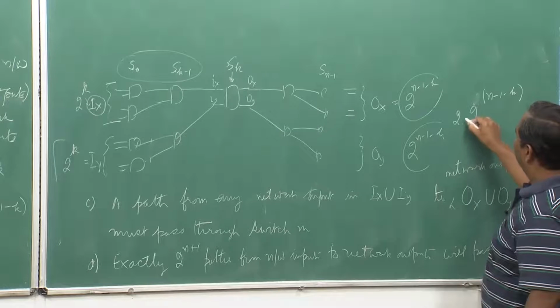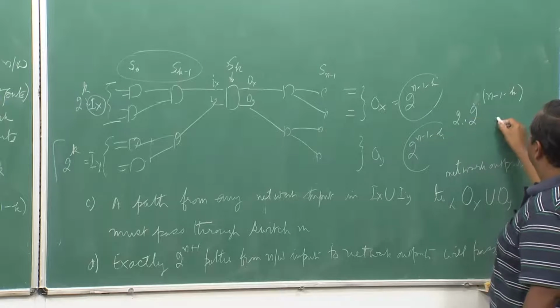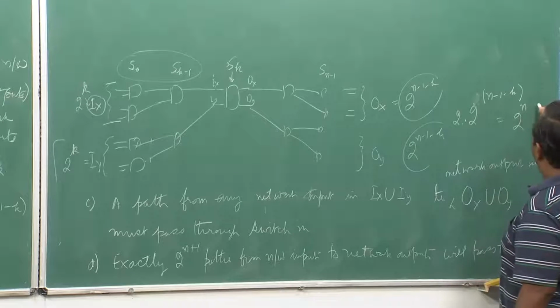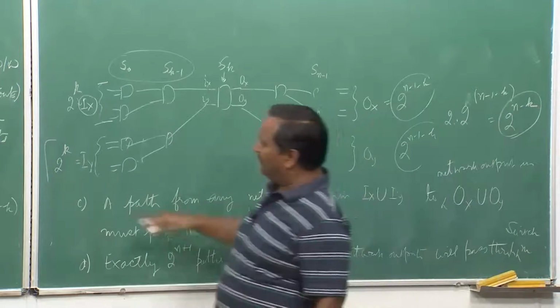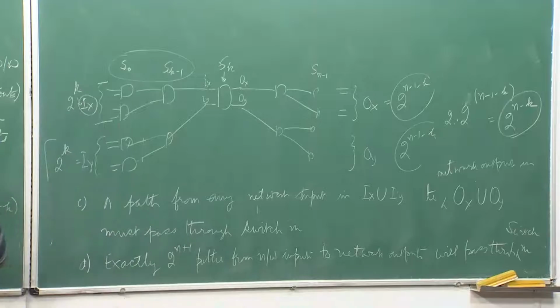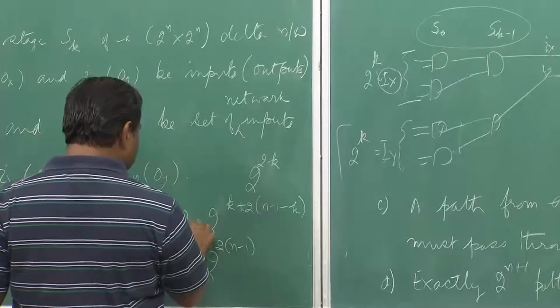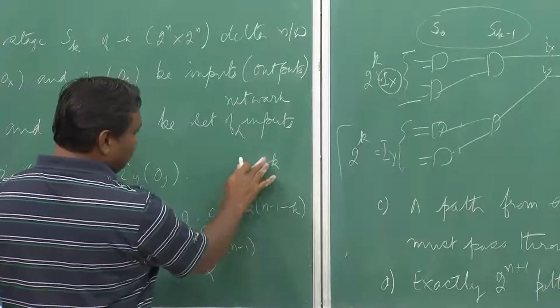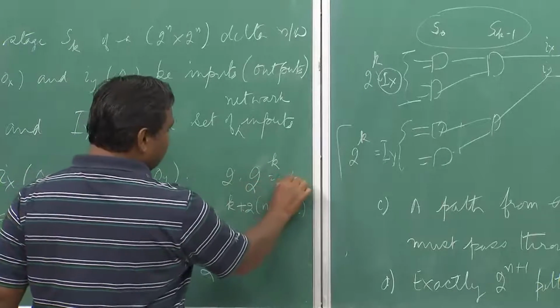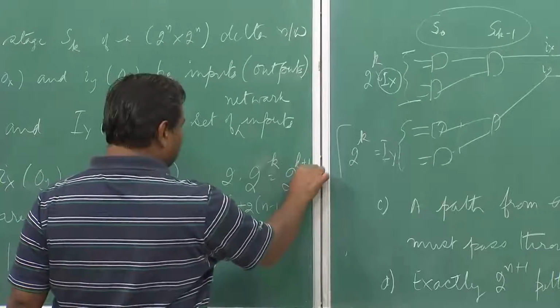So once I add, I am technically multiplying by 2. So, this will turn out to be 2 raised power n minus k. Same I have to do here. So, I have to multiply it by 2. So, this will become 2 raised power k plus 1.